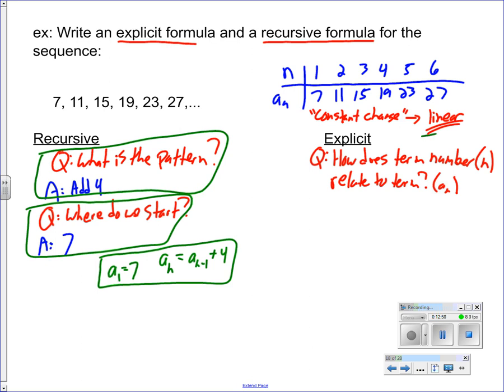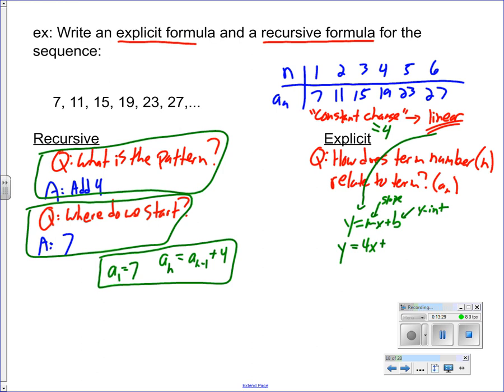Right, so a linear function is something that looks like y equals mx plus b. M is the slope, and b is the y-intercept. So in this case, since our constant change is 4, that's our slope. So we just have to find what our b is. Well, if we look at 4 times 1, we'd have to add 3 to get to 7. 4 times 2 is 8.